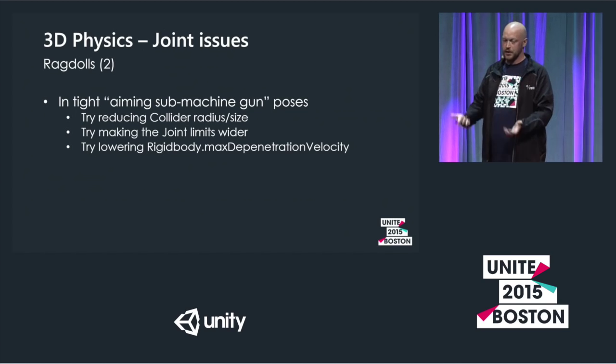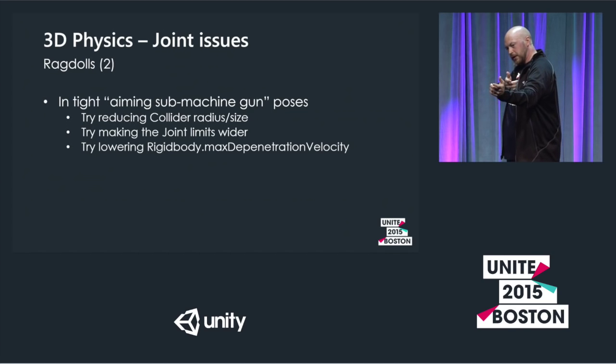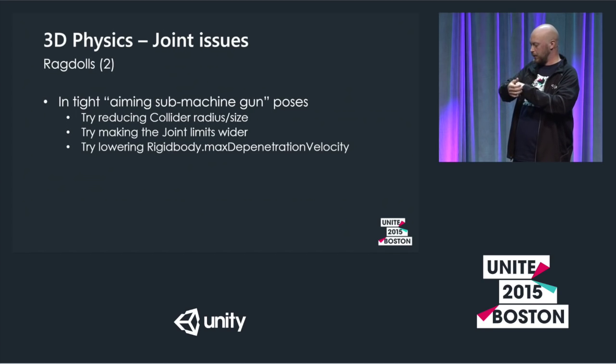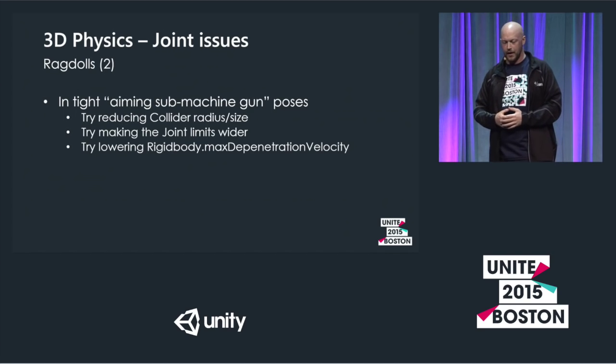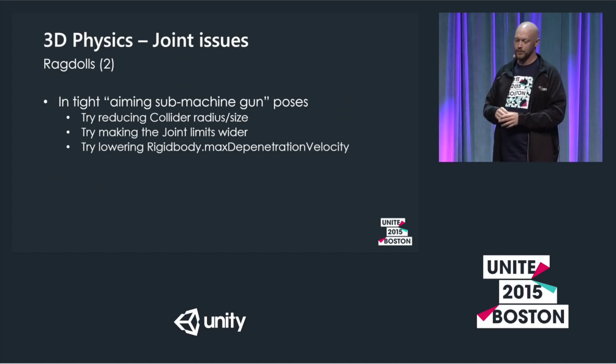What can be an issue here is that all the capsules of your ragdoll can be overlapping if you headshot the guy while he is standing like this and looking very, very serious. What will happen is all the capsules will suddenly be inserted into the world. They will be overlapping, they will be colliding, and they will be pushed apart by the solver, and your character will fly out like this. And if you're making a realistic kind of game or a non-joke game, then probably you want to avoid that.